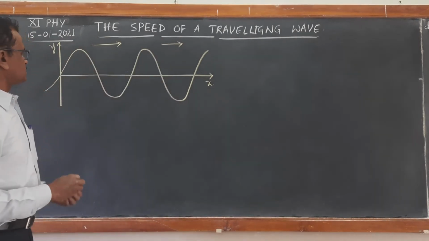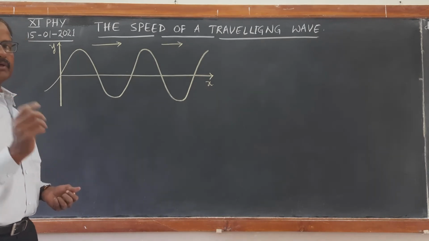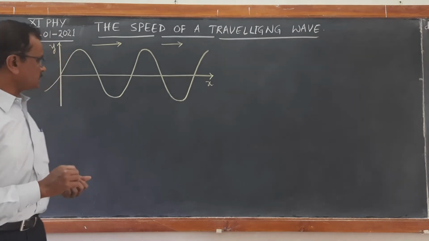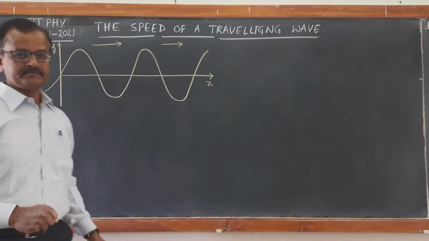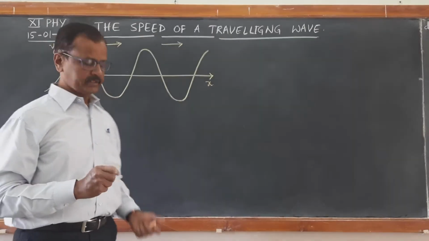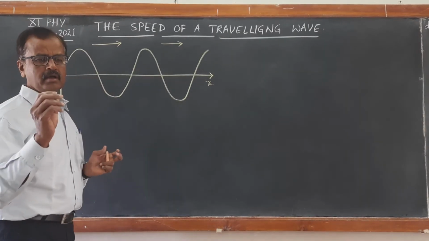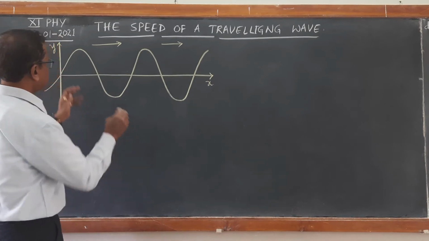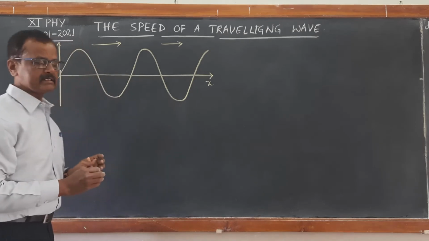When you look at this, we have to focus on one particular state of vibration of a particle. Let us look at the crest. It is convenient. Next moment, let us say after a small interval of time delta t, this crest moves through a small distance delta x.